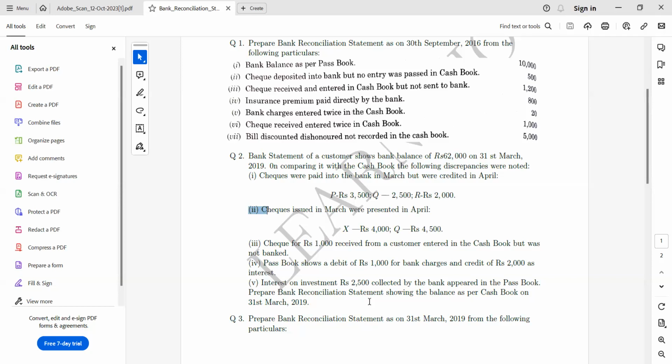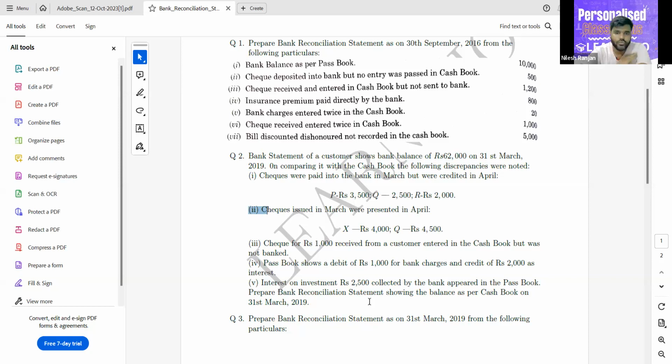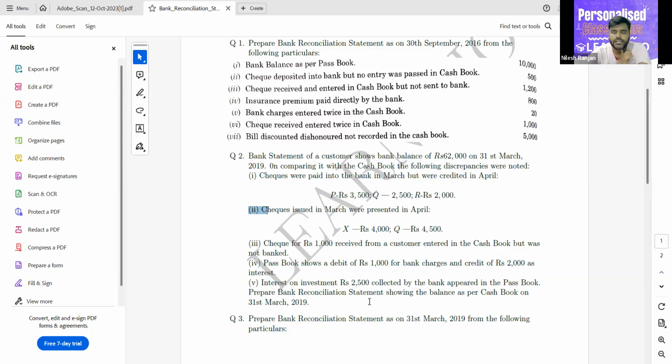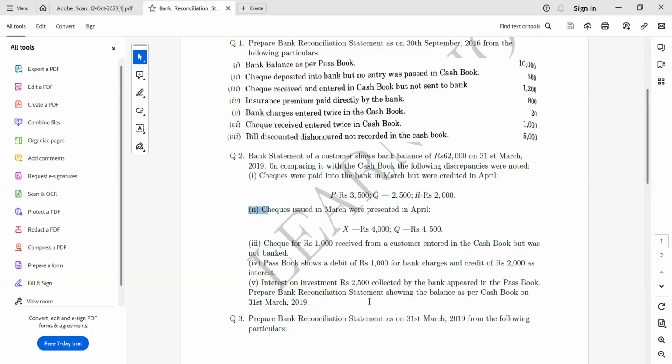And the second one was debit of rupees 1,000 and interest rupees 2,000. I debited 1,000 and credited 2,000, sir. There is no debit and credit column in the bank reconciliation statement. Debit means plus and credit means minus. I wrote it like that.